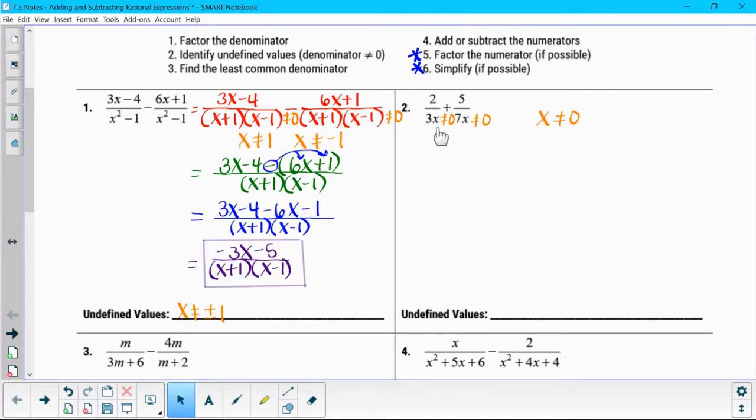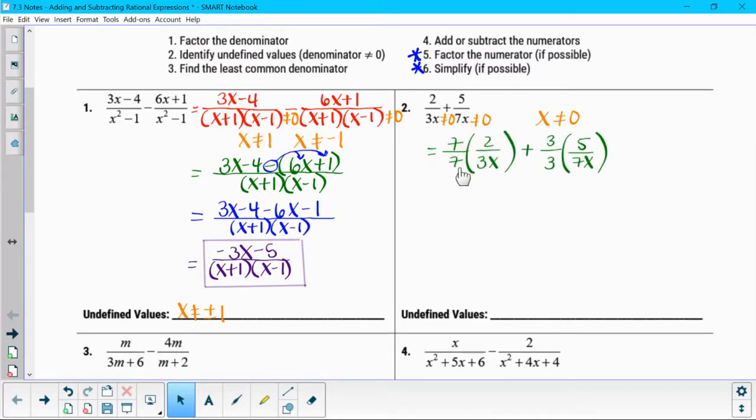Well, they both have an x in common, so I don't need to do anything with that. And 3 and 7 are not the same, but they both multiply to be 21. So I need to multiply this first fraction top and bottom by 7, this fraction top and bottom by 3 to get a common denominator.